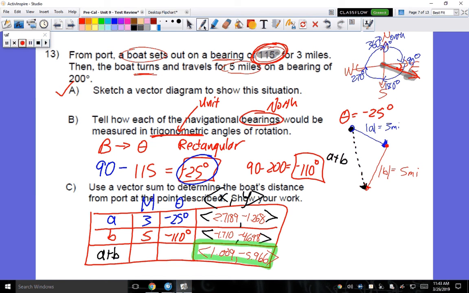Okay, so now, quickly we could do the sum of the squares square rooted. So we'll have the square of 1.009, negative 5.966. Make sure that negative is inside the parentheses. And let's see what we get for our resultant.